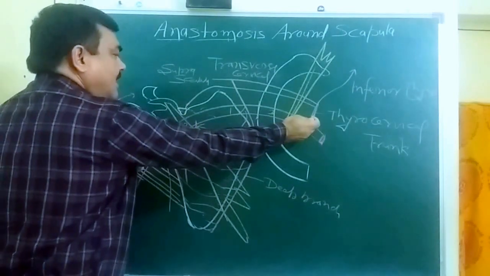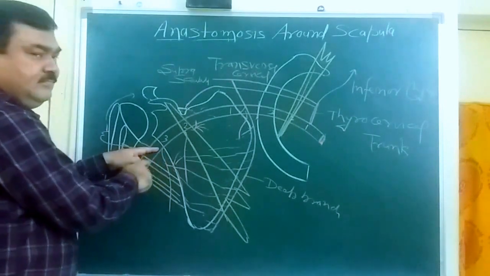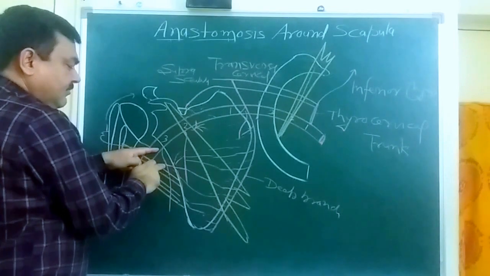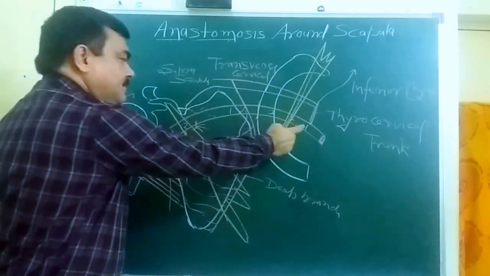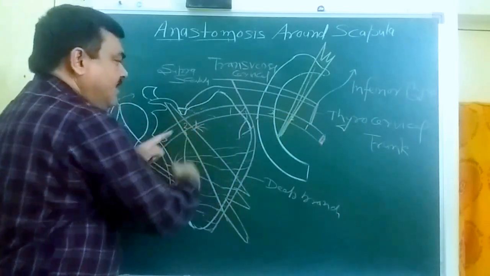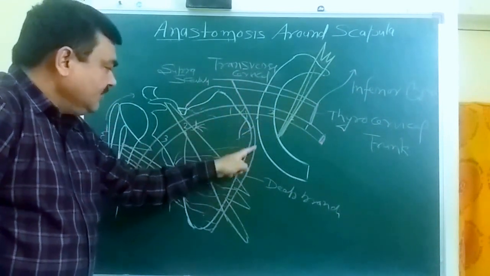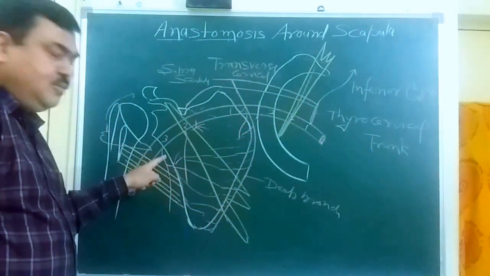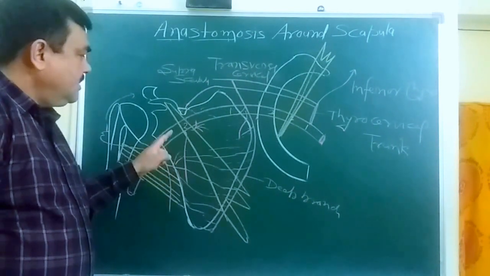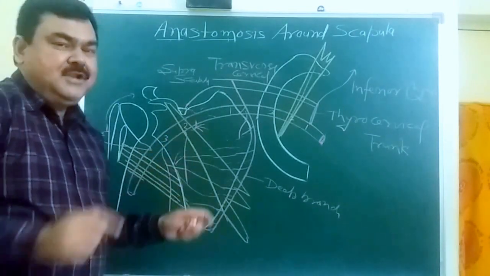Through this anastomotic channel, blood reaches here and goes here. If this part from here to here is blocked, then this channel provides an alternative pathway through which blood circulation is completed. So this is the anastomosis around the body of the scapula.